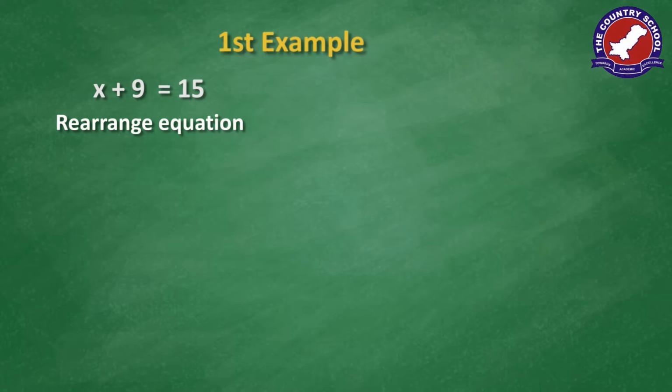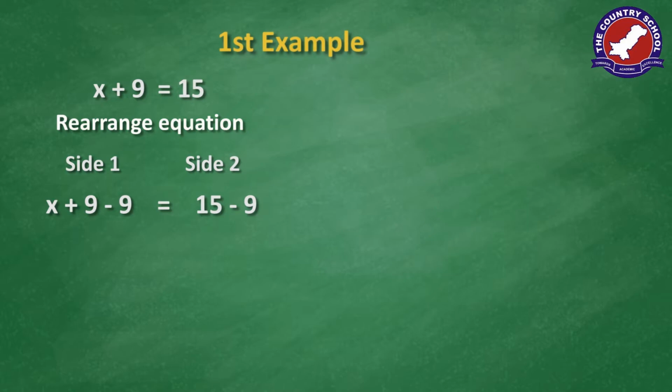Yes, since 9 is being added to x, we can undo that by subtracting 9 from both sides of the equation. Subtracting 9 will leave x all by itself, as plus 9 and minus 9 will cancel each other out. Okay, great. So we just subtracted 9 from this side of the equation and x is all by itself.